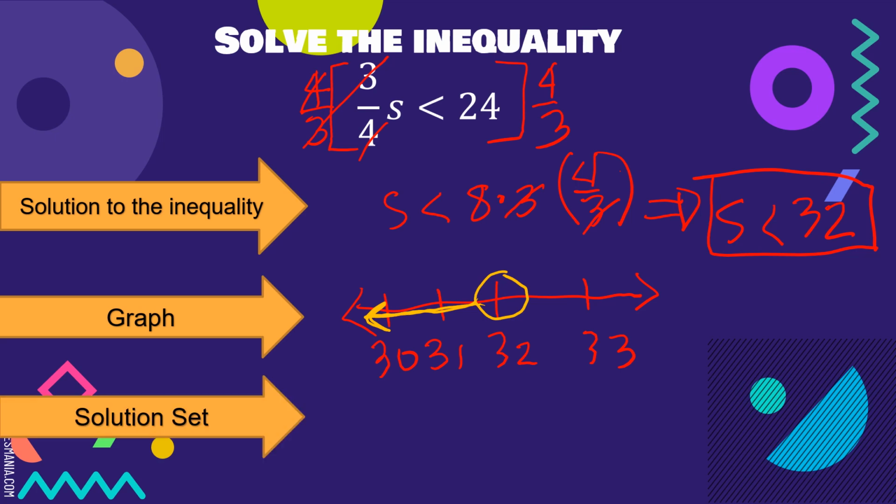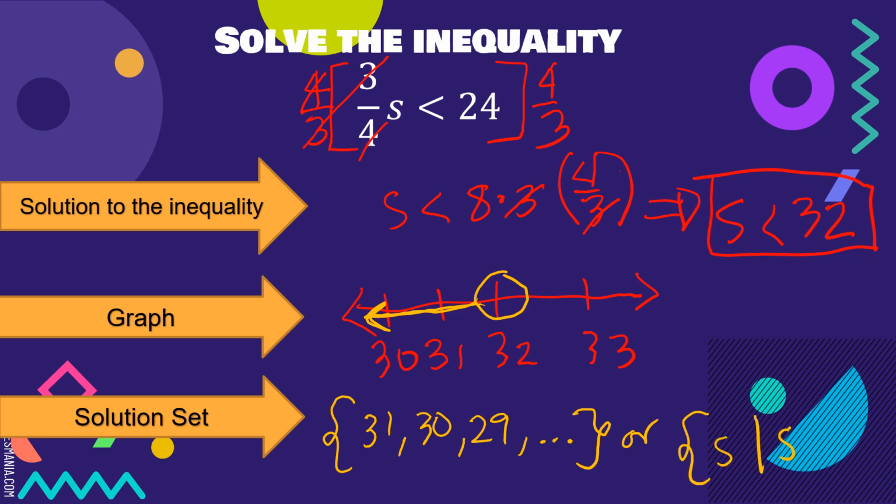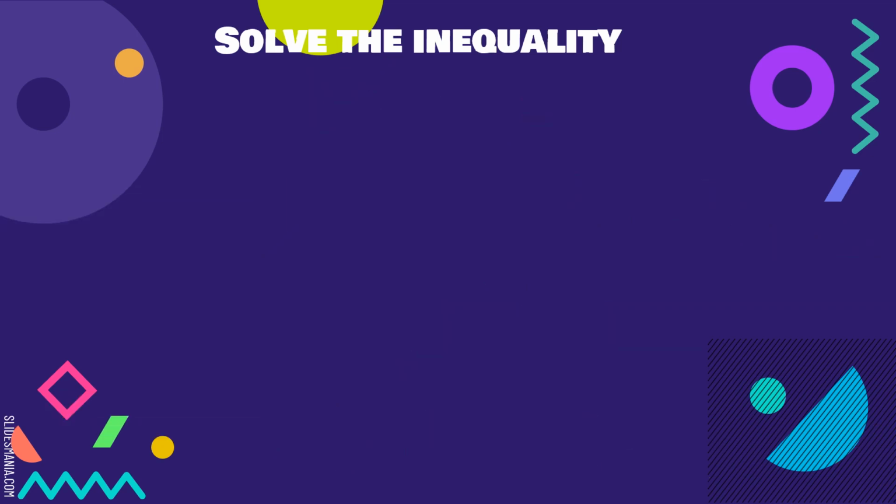And we are going to write our solution set. We will begin with 31, 30, 29, and dot dot dot. Or this is simply the set of all s such that s is less than 32.